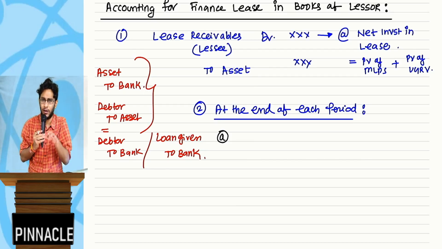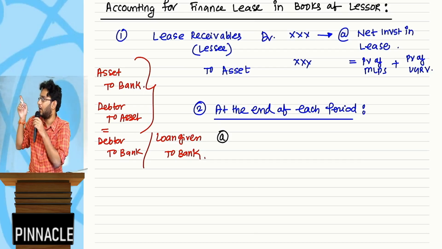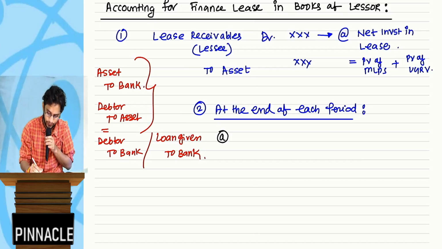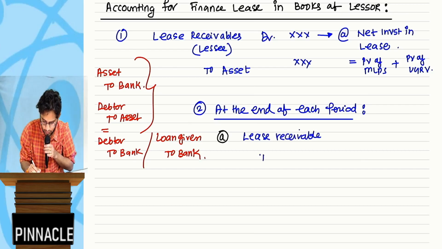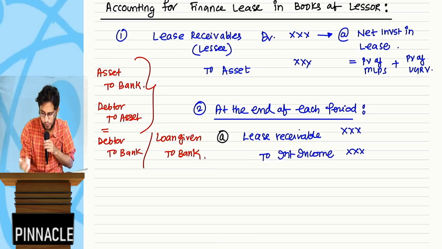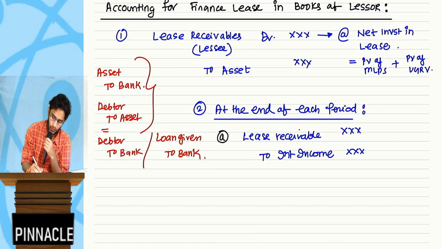Don't create an interest receivable account. Lease receivable is already there. Use that only. Lease receivable account debit to interest income. You can also call it finance income. Both are okay.